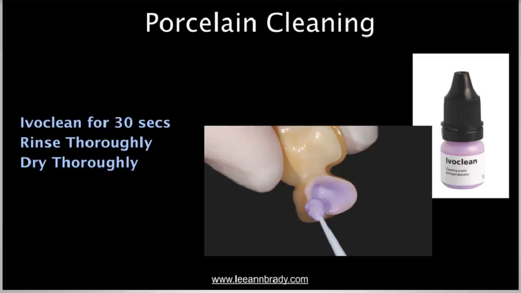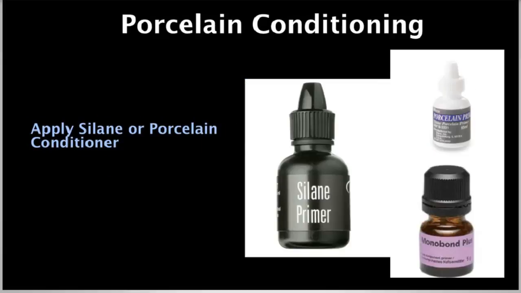You don't want to use etching gel in a zirconia restoration. But there are materials on the market now, like IvoClean, that are designed purely for cleaning. So whether it's phosphoric acid or IvoClean, you're going to coat the inside of the restoration, leave it for about 30 seconds, and then you're going to rinse it and dry it.